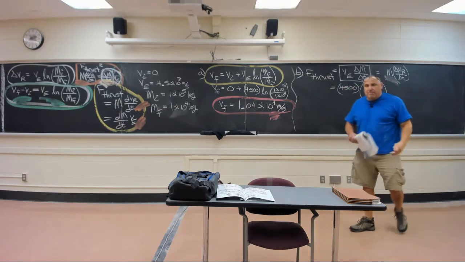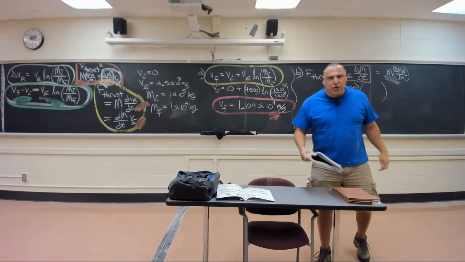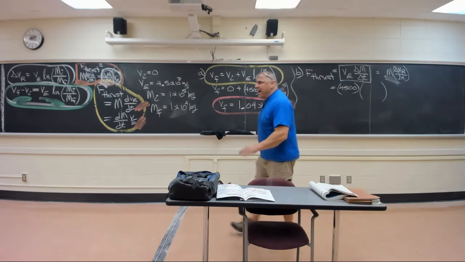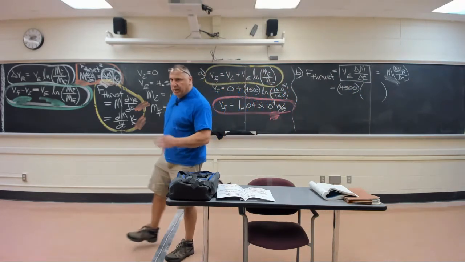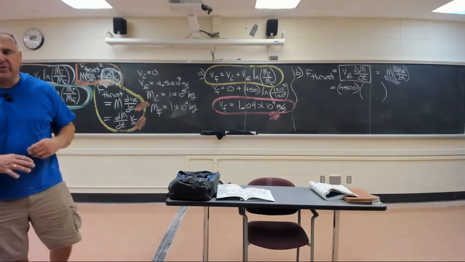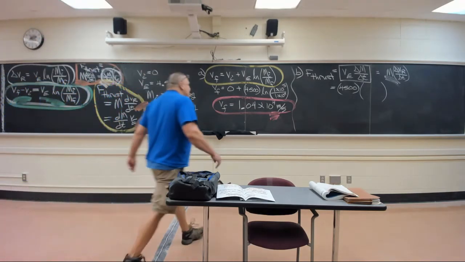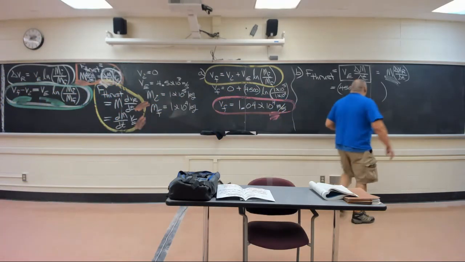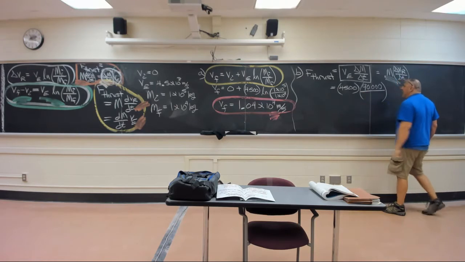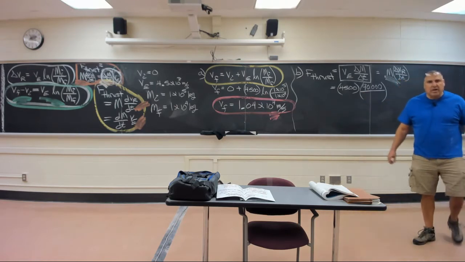Delta M, what happened here? I told you the initial mass of the rocket was 100,000 kilograms. The final mass of the rocket is 10,000 kilograms. 90,000 kilograms were lost. 100,000 minus 10,000, the delta M total is 90,000 kilograms.